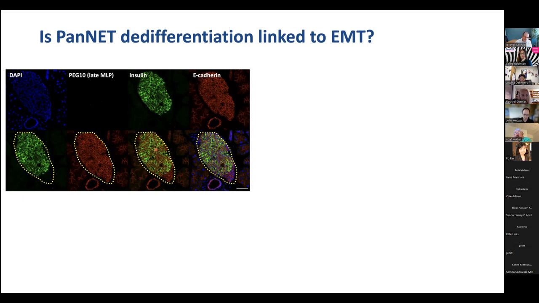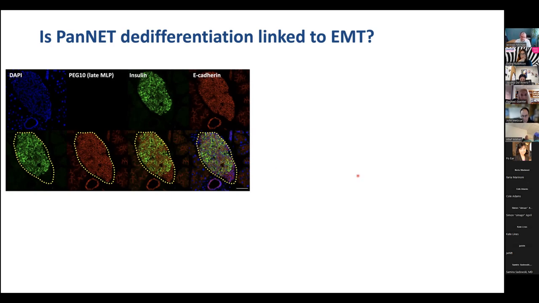Now what you see here is that this lesion is losing the insulin. So these tumors have already switched from IT to MLP. But the E-cadherin is still there, it's intact. So the upregulation of this master regulator that licenses these cells to switch from IT to MLP really happens before the EMT kicks in.